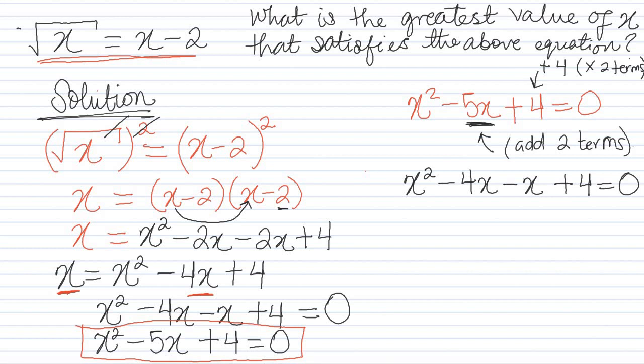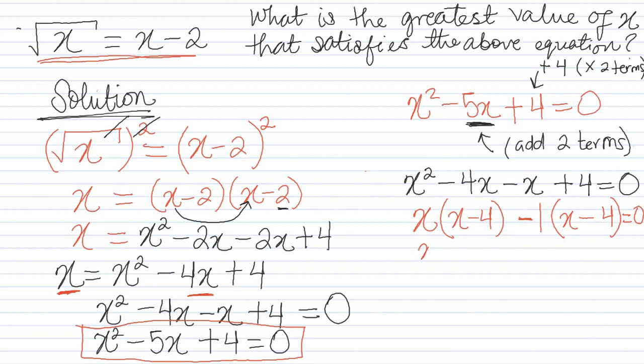So when you do this, you can now go on to solve for x. So that would be x times x minus 4, right? And then you bring out a negative 1 here. So that would be negative 1 times x minus 4, and that equals 0.